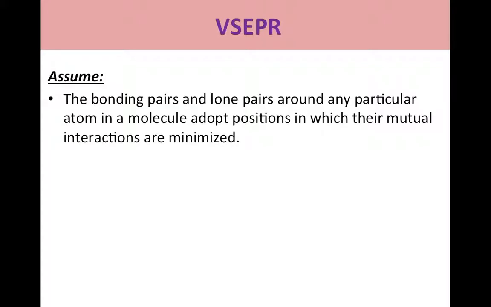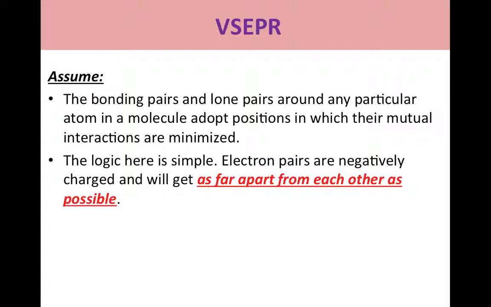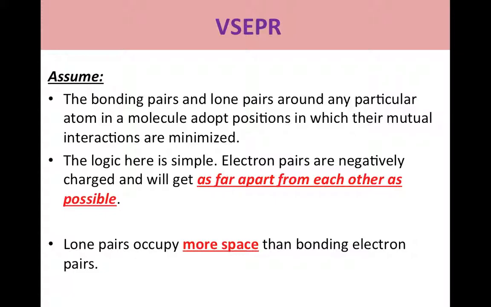Other things we can assume is the bonding pairs and lone pairs want to adopt positions where their interactions are minimized. Okay, so some electrons really want to be as far away from each other as possible. So lone pairs occupy more space than bonding electron pairs. Just like I said yesterday in class, rambunctious teenagers who want to have the rule of the roost.